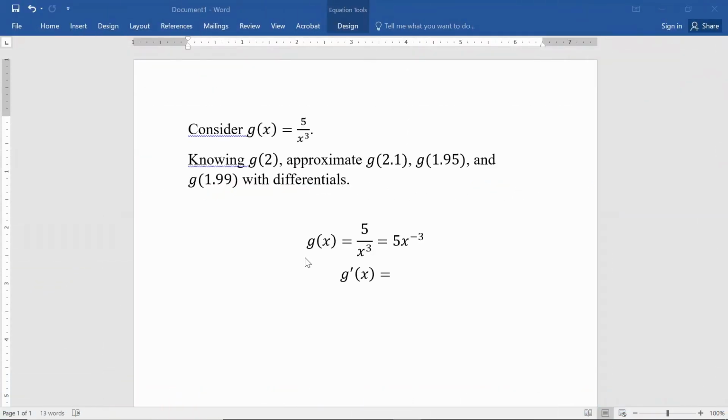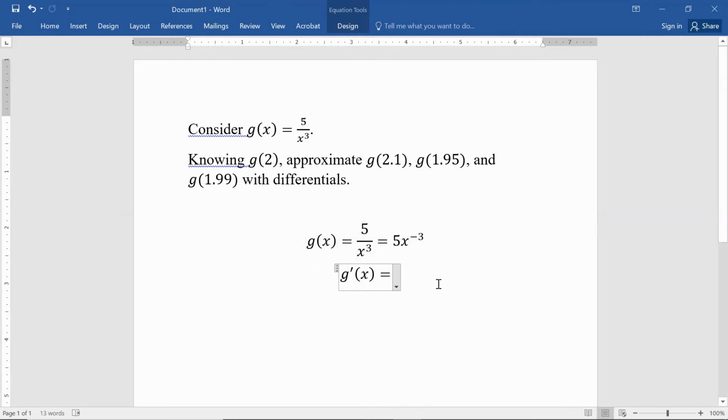We start with understanding that g of x, which is 5 over x to the third, can be rewritten as 5 times x to the minus 3. I rewrite it that way so that it's easier to take a derivative.